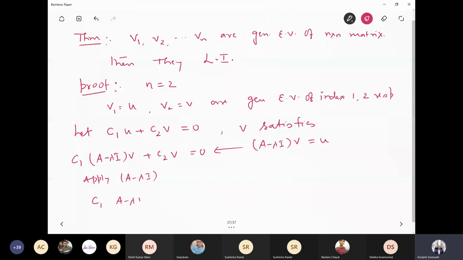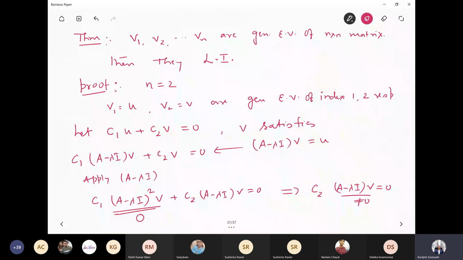And we know that A minus lambda I square V is 0, because V is a generalized eigenvector of index 2. So therefore C2 into A minus lambda I V is 0. And we know that A minus lambda I V is non-zero because that is nothing but U, and U is an eigenvector.